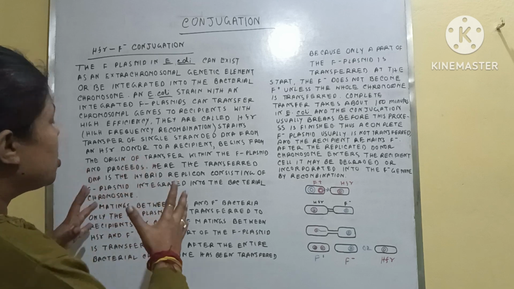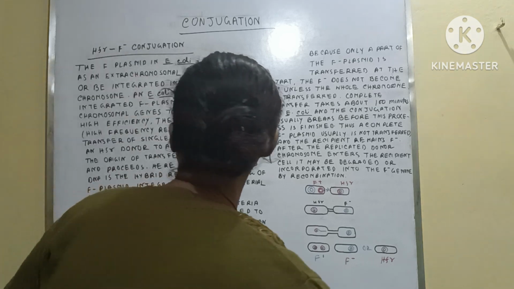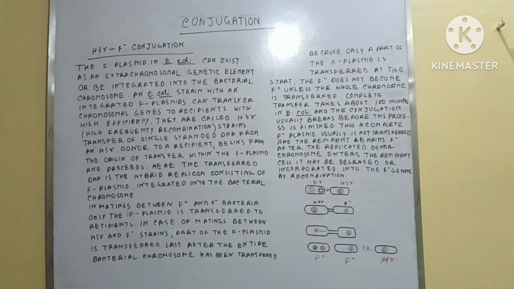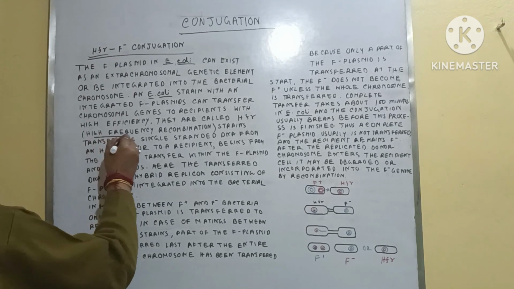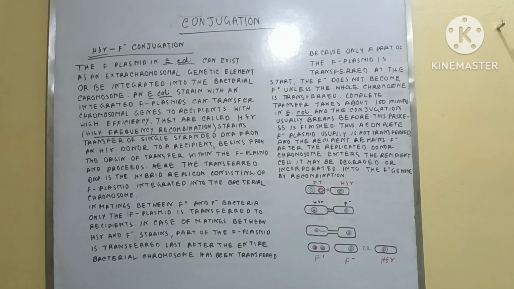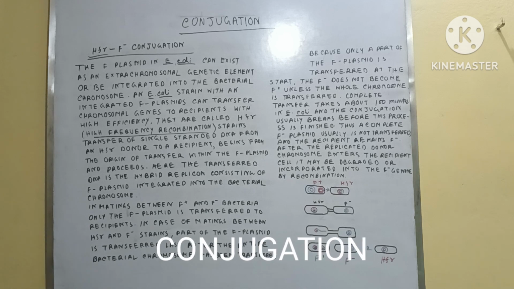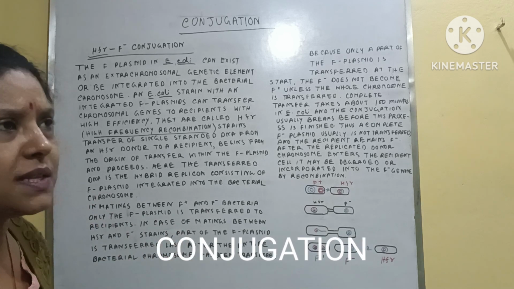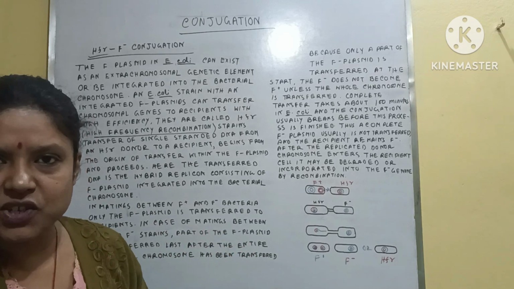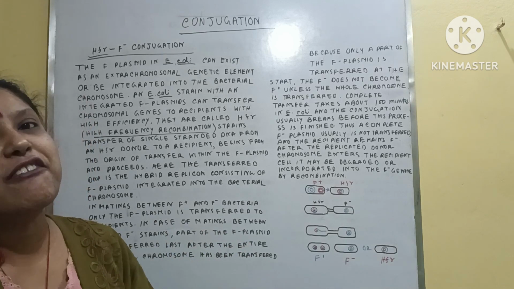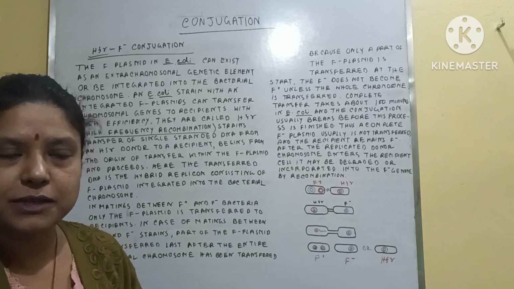Before going to this conjugation process, first we have to understand what HFR is. HFR means high frequency recombination. Or you can say that HFR is the presence of high frequency recombinant DNA within the bacteria. Generally, F plus bacteria have chromosomal DNA and also the F plasmid or the F factor.